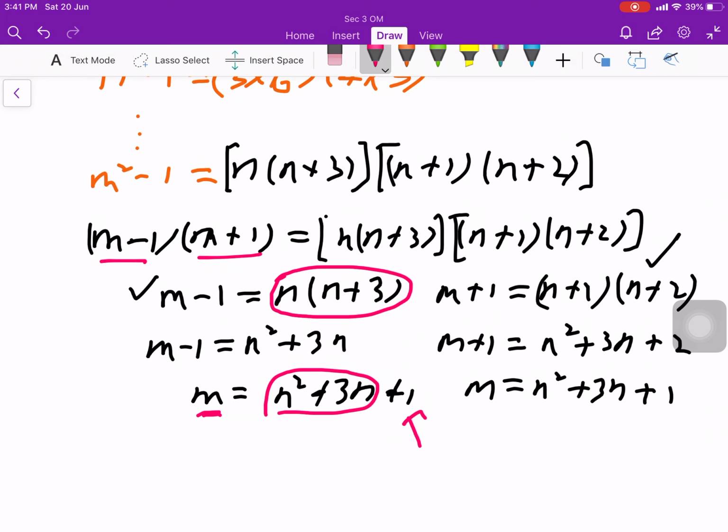Okay, that means can I say that for m to have last digit 1, right?